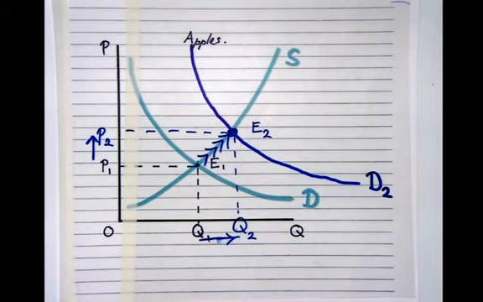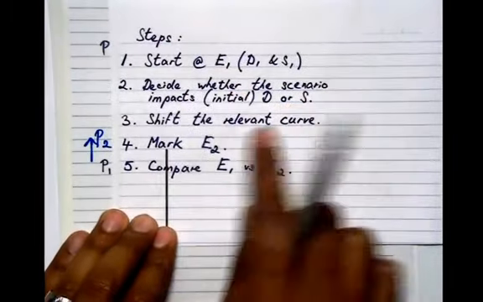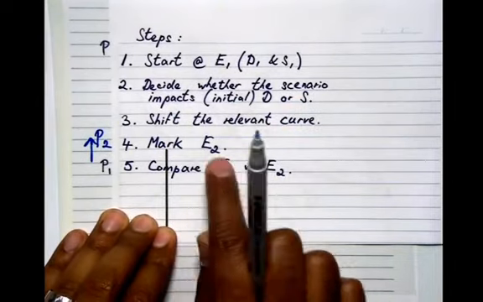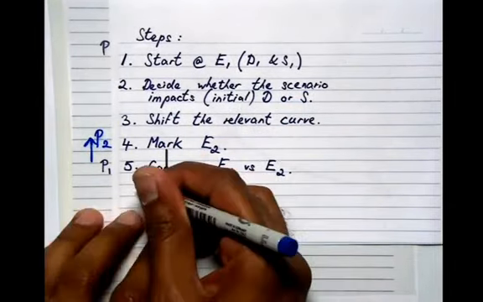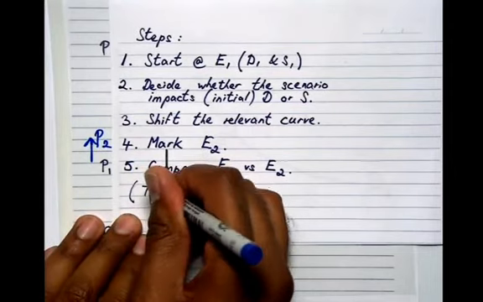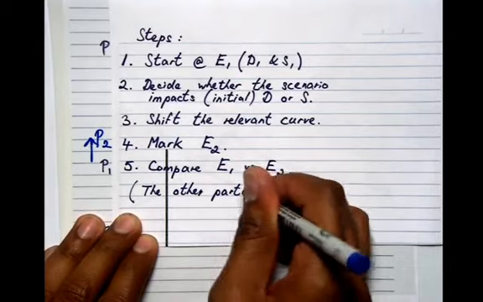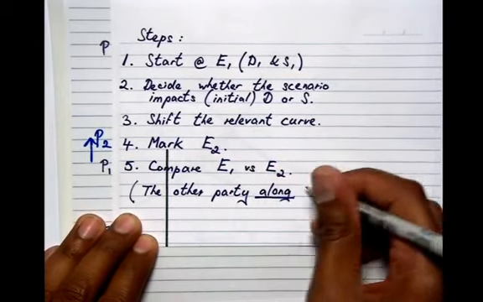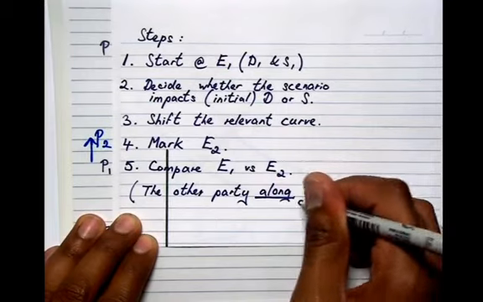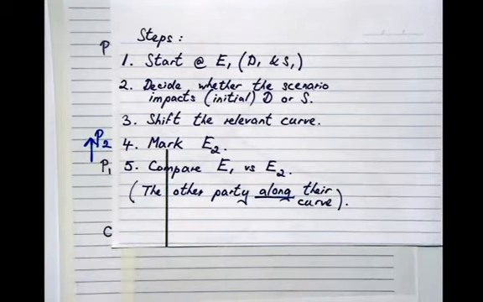So you decide which curve shifts, you shift the relevant curve, you look at the new equilibrium, you compare that to the old equilibrium, and the other party will react along their curve. So in this case, sellers will react along the supply curve.